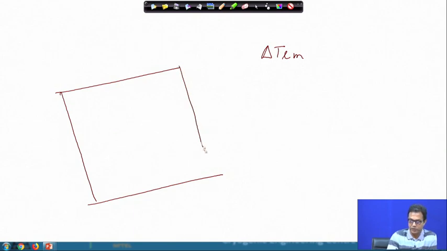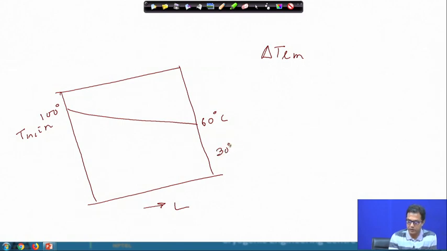In case this is a counter current exchanger, this is along the length, we know the hot fluid temperature is 100 degree centigrade, Th in, and the hot fluid is moving out at 60 degree centigrade, the cold inlet is 30 degree centigrade and it is moving out at 40.2 degrees centigrade.